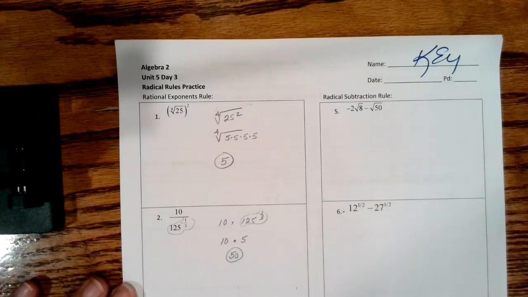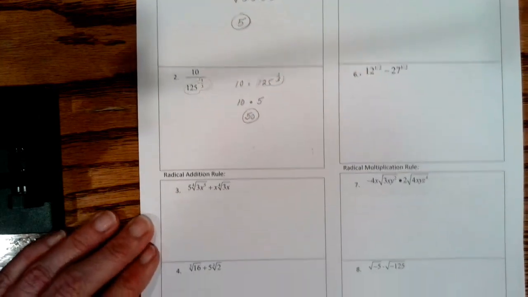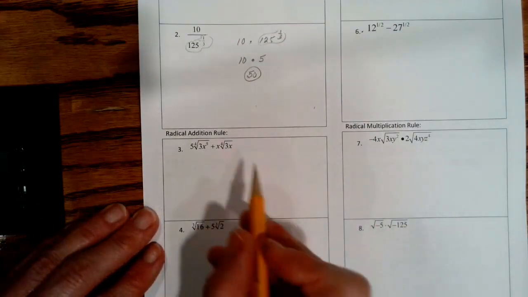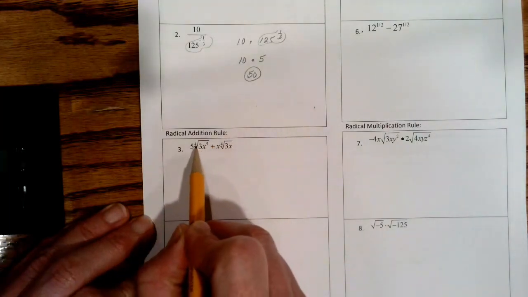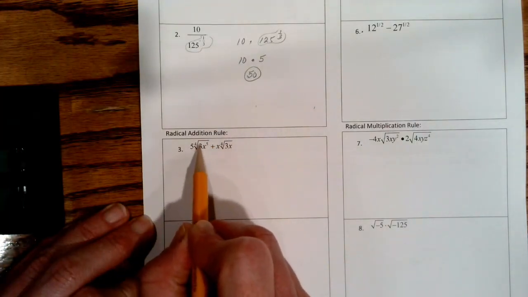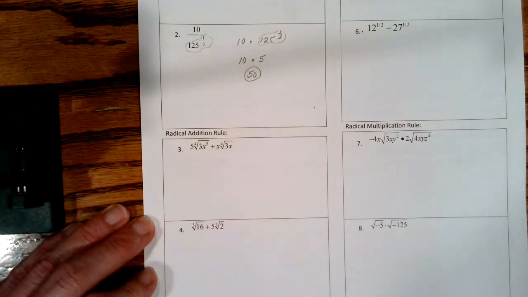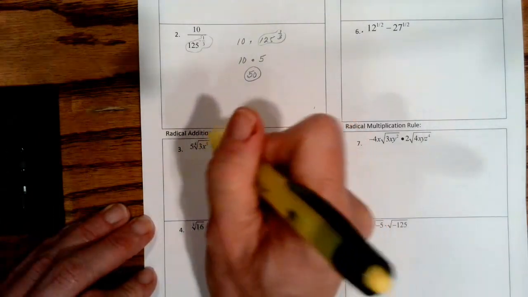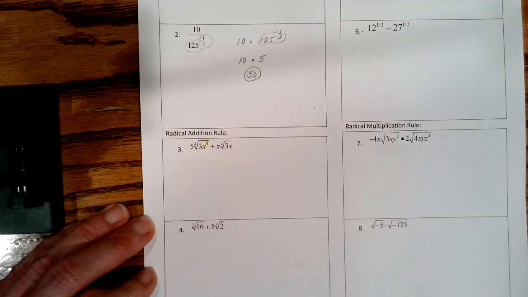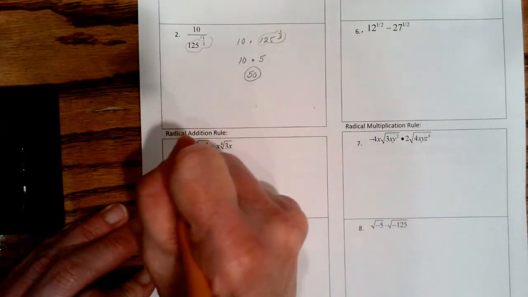Here's my radical addition rule. My practice for this says if they have the same index and radicand and variables, I can add them. This is a problem, but the good news is I can simplify this.